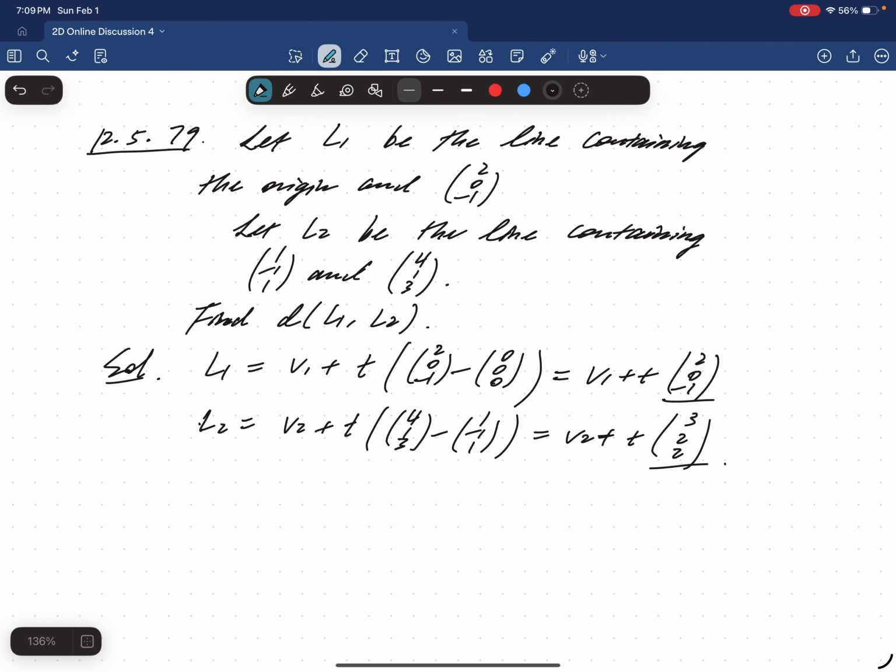So we notice that these two direction vectors are independent, which means these are not multiples of each other.